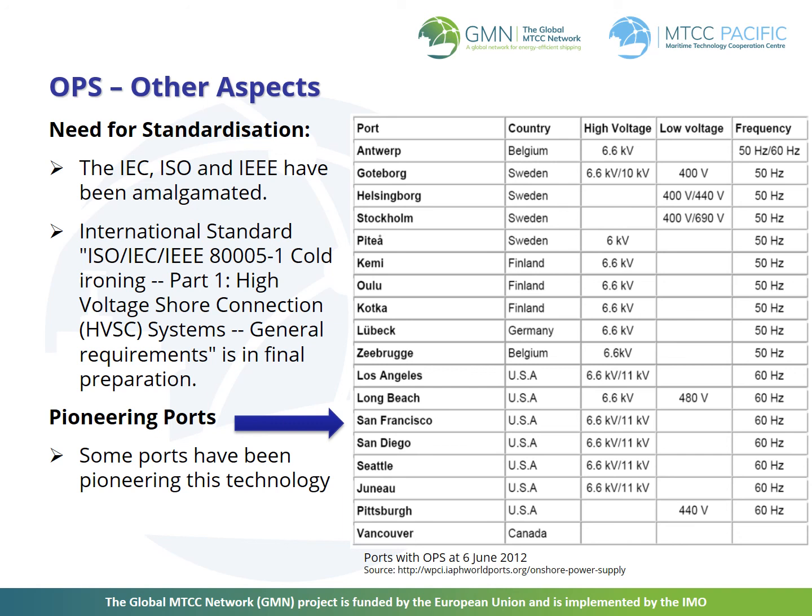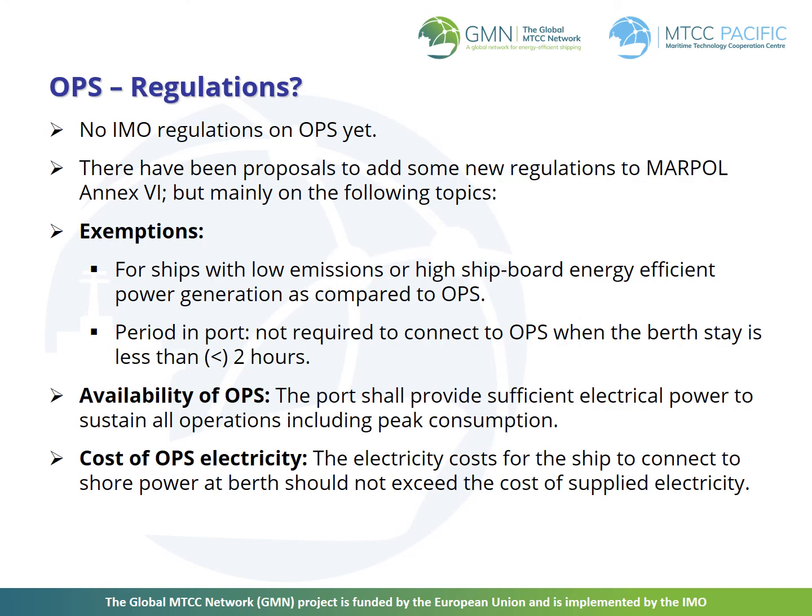This standard revised the IEC PAS 60092-510 of 2009, electrical installations in ships, special features, high voltage shore connection systems, and addresses the connection between ship and shore and the procedures for safe operation.